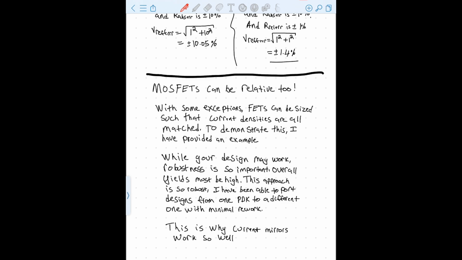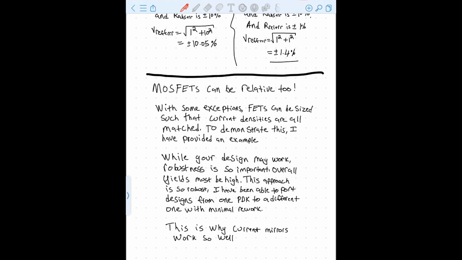It makes your design very robust, very agnostic to the process that you're working in, because it doesn't depend on a particular parameter. What it depends on is how many physical devices are located in a given branch. And using this method, I have been able to port designs from one PDK to a completely different PDK, and you hit the simulation button on the first try and it works.